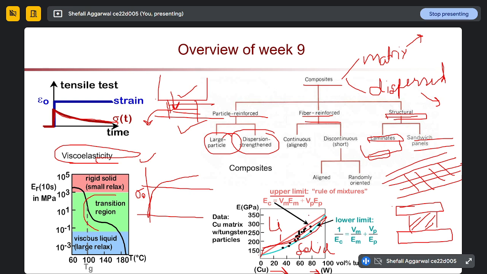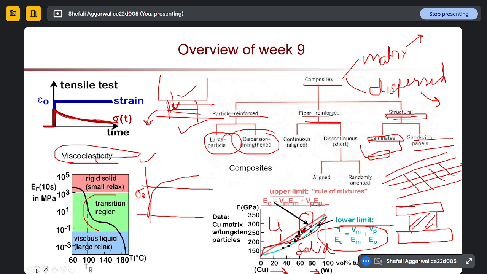So if we have to calculate this upper limit, the formula we are using is EC, our modulus, equal to VM EM plus VP EP. And in case of the lower limit, we are using the series function: 1 upon EC is equal to VM upon EM plus VP upon EP.